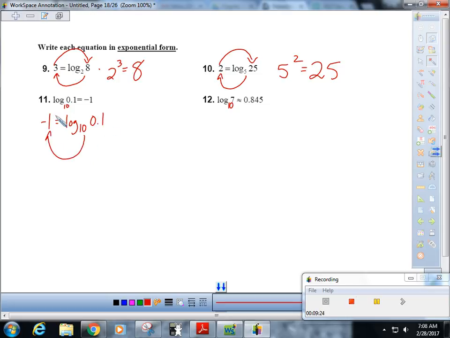So 10 to the negative first equals 0.1, and that's definitely true. Okay?